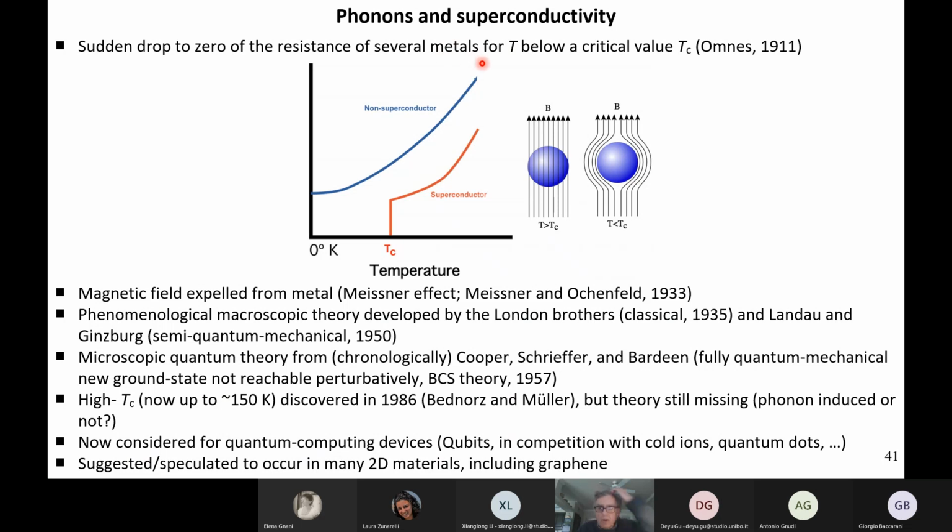Superconductivity, as you know, was observed 110 years ago, and it's a sudden drop of the resistivity that you see in some metals when the temperature drops below some critical temperature. This is not merely a reduction of the resistivity, which would have been interesting by itself. It is even more mind-boggling: the resistivity really drops to zero.